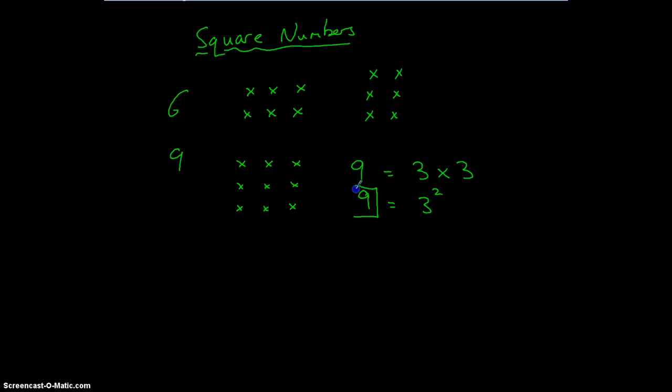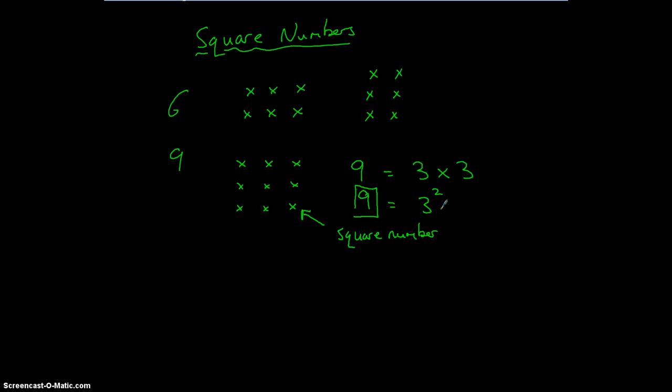So 9 is a square number. It can be drawn as a square, and it can be easily written in the form 3 squared. 3 squared is equal to 9.